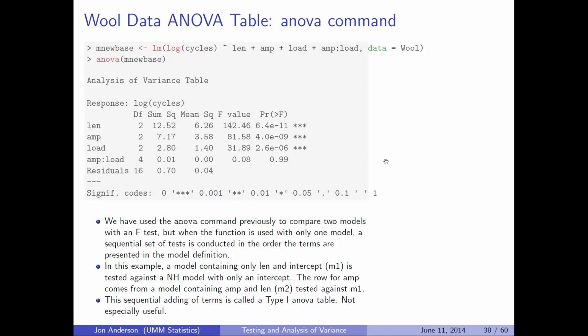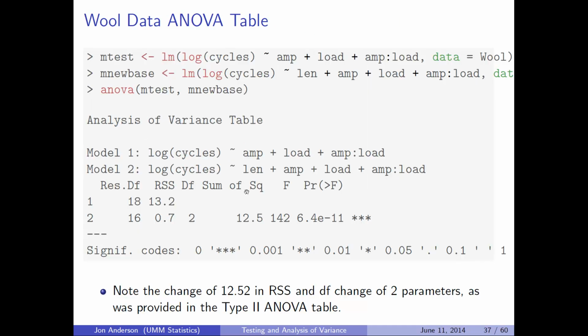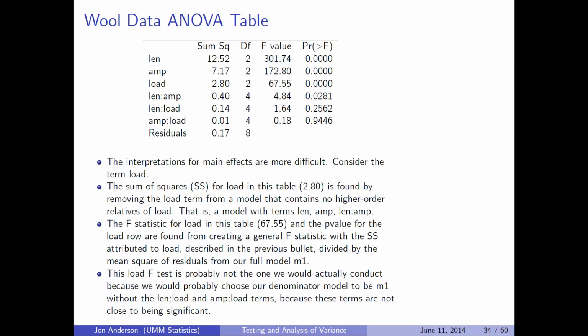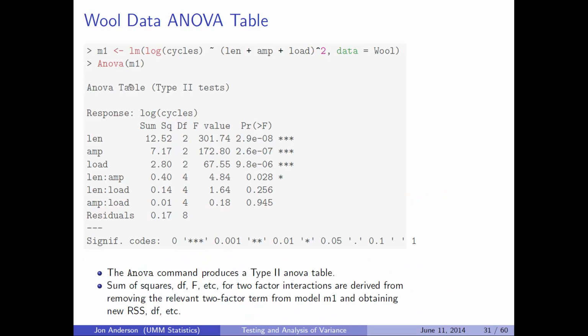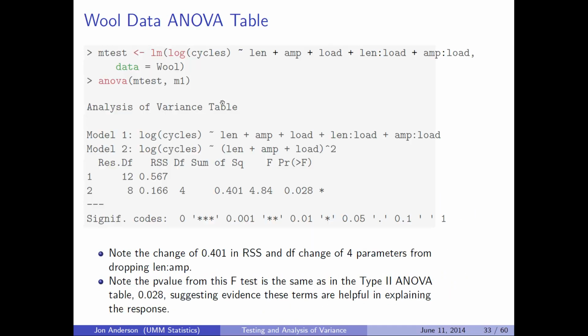Well, so far we have been talking about an ANOVA command. I probably haven't stressed this carefully enough, but the ANOVA command that we use to get this type 2 ANOVA table is using the capital uppercase A ANOVA table back on overhead 31, and that produces type 2 tests.